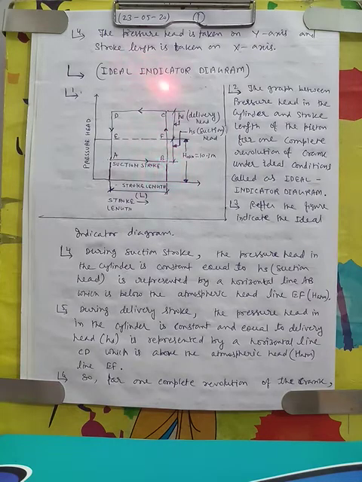Pressure rises up to the delivery pressure, the delivery head. It is greater than the atmospheric pressure. If the delivery head is greater than the atmospheric pressure, then the liquid inside the cylinder will come out through the delivery pipe. So as the suction stroke ends, the delivery stroke starts. Suddenly pressure rises up to the delivery head. This is the delivery head.